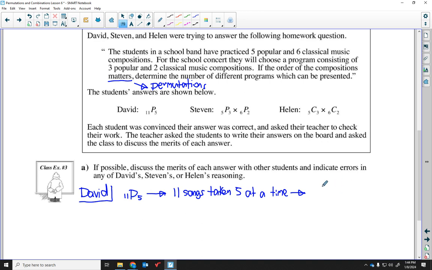So we'll say here, doesn't account for the requirement of 3 popular songs and 2 classical songs. So that's wrong.